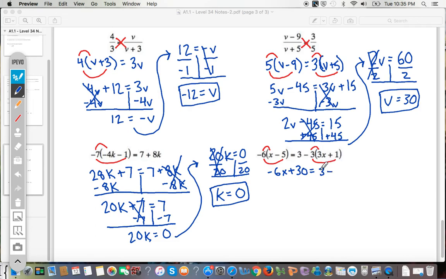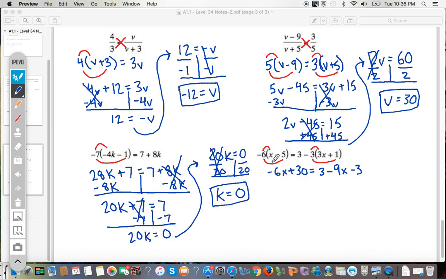3 minus, I have negative 3 times 3x. So that's negative 9x. And then I have negative 3 times positive 1, which is negative 3. There, no more parentheses.